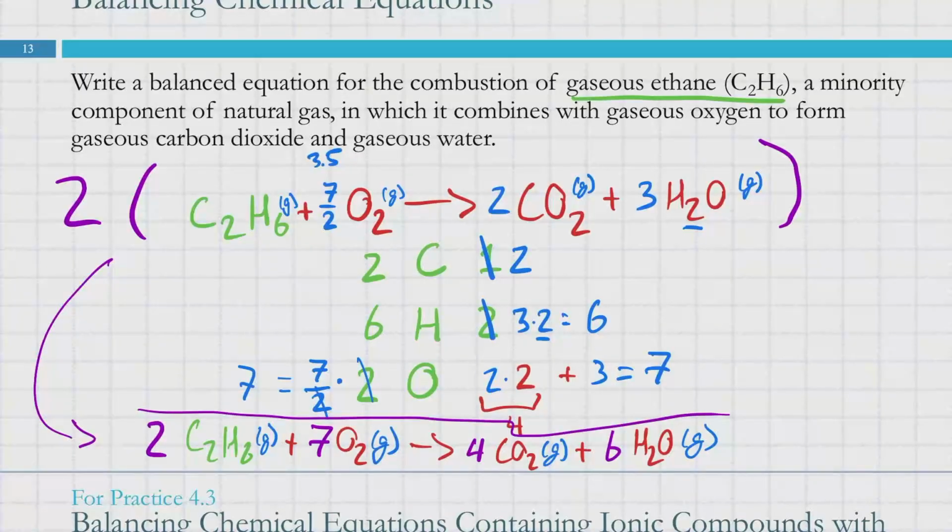And that would be our balanced equation. So that one multiplies to the numbers in front. Yeah, we multiply 2 to all the numbers in front.